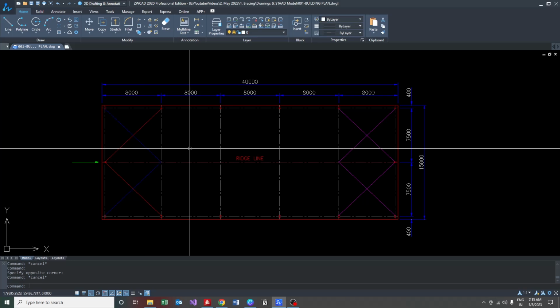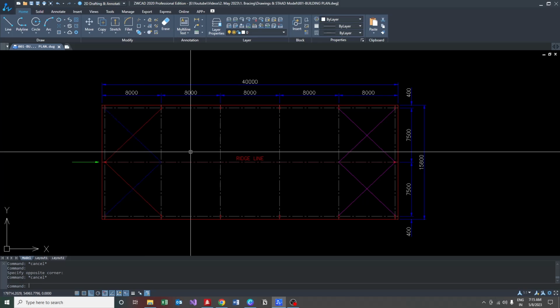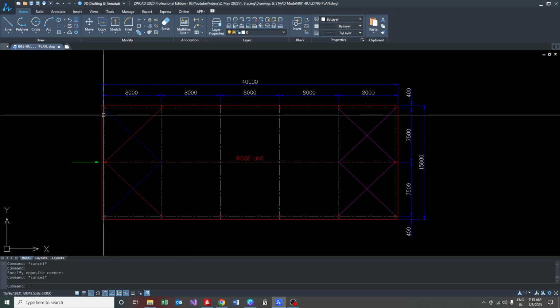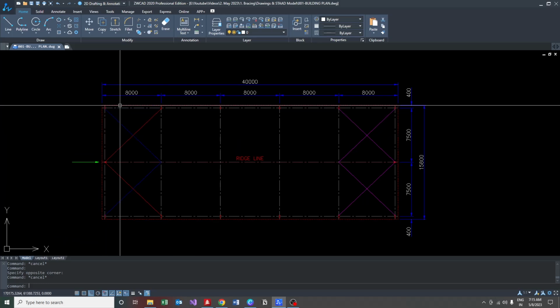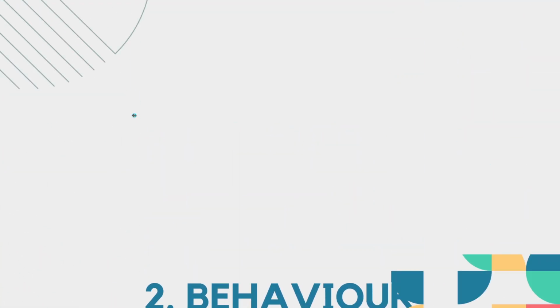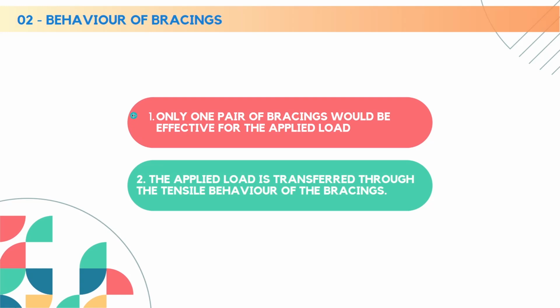That's why X bracings are termed tension bracings, as they take the load through the tensile behavior. These forces will then move downward to the eave point, and from there to the wall bracing, and finally to the support. To summarize, only one pair of X brace would be effective for the applied load, and they transfer the force through their tensile behavior.